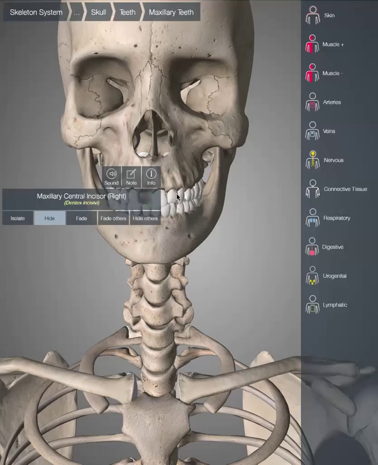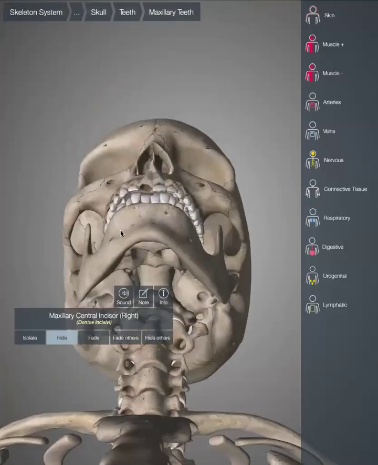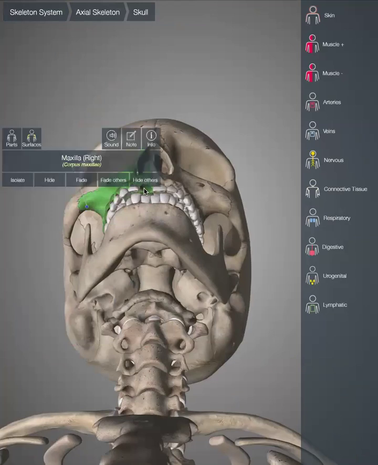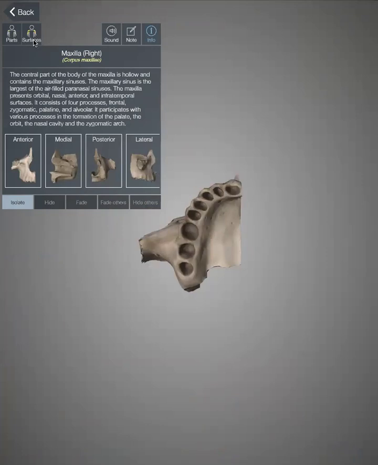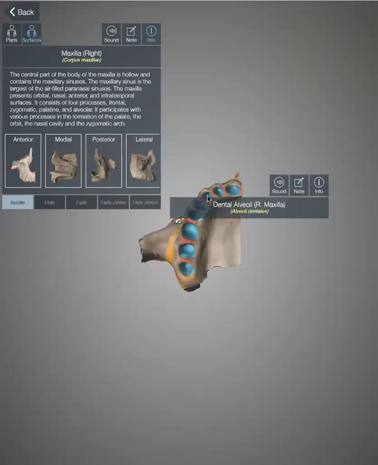Now, the next point is that they are found in dental alveoli.